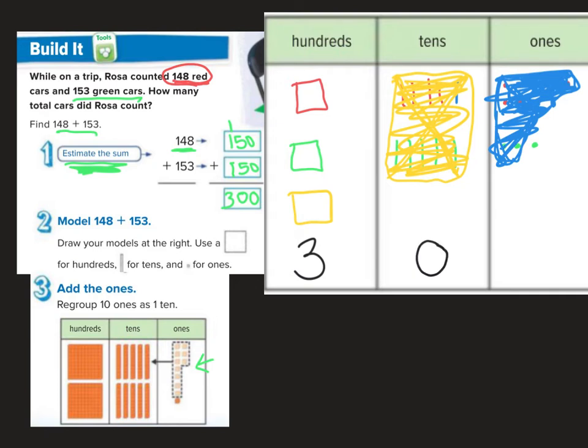And I have 1 1. Look at that. So my final answer for this problem is 301. There we go. So that's kind of a visual representation of what's happening when we are regrouping.